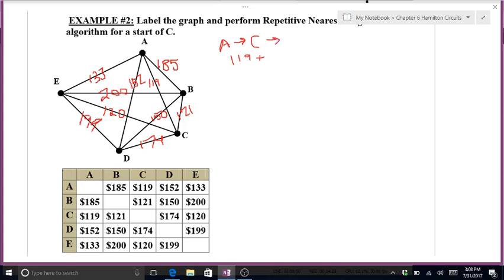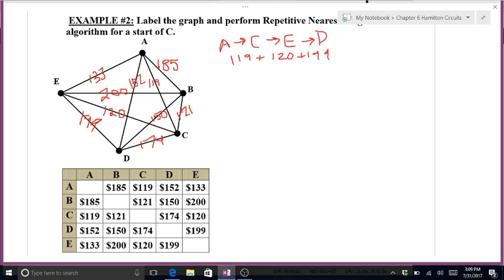When I leave C, it looks like my cheapest way is to go on to E, and that has a weight of 120. When I leave E, I've got two options left because I have to hit every point, so I can either go to B with a weight of 200 or D with a weight of 199. So we're going to head on over to D and add 199 here.